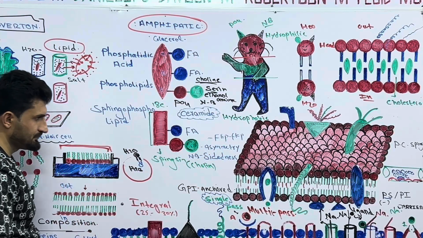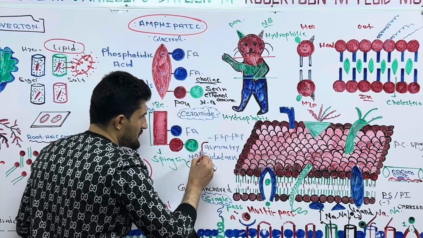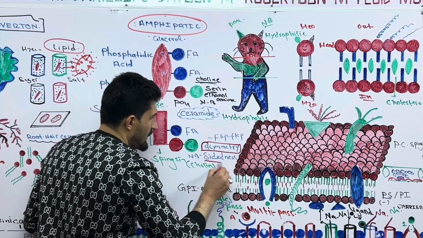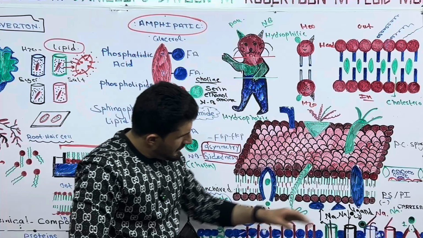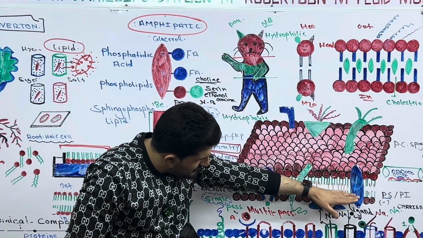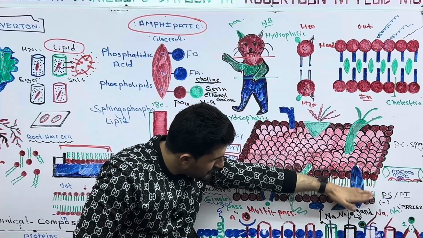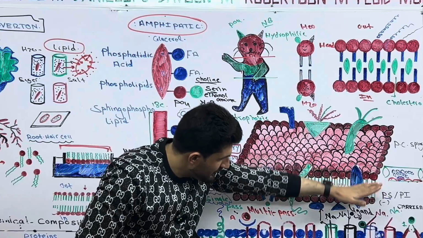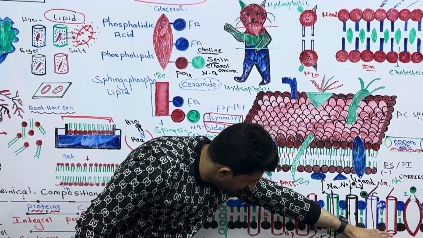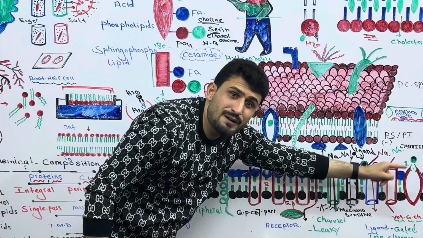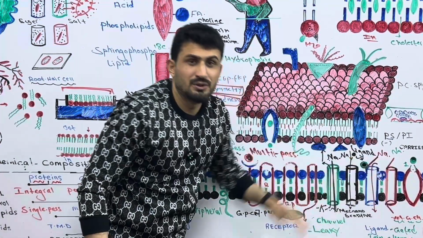For example, here is the concept of asymmetry versus sidedness. Sidedness means that we have two different and distinct parts of the cell membrane. For example, this is a cell membrane. The inner leaflet of the cell membrane is different structurally and functionally from the outer leaflet.